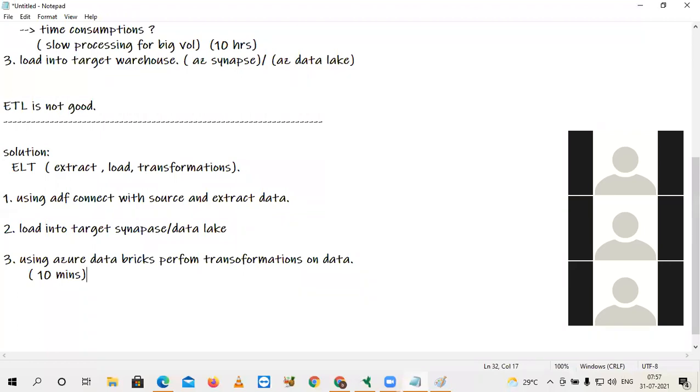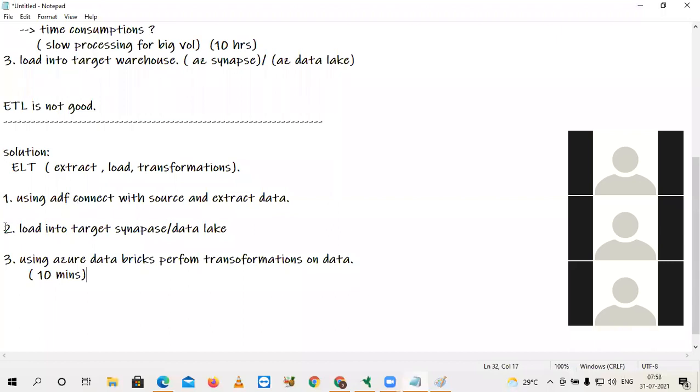When you say ADF transformation, are you referring to data flows inside it? Yes, ADF means a complete data flow. To design the pipelines and data flows, we use ADF. But ADF is not required for performing transformations on big volumes of data.